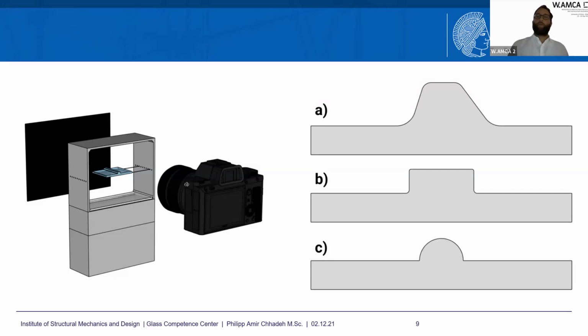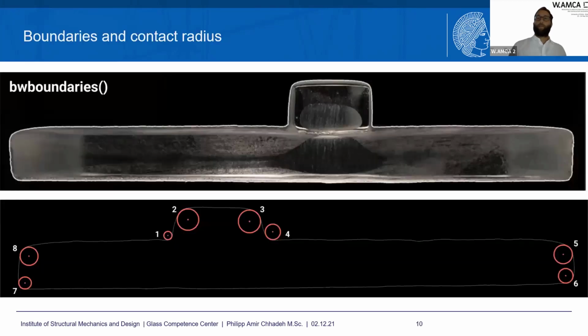We also use MATLAB or a W.AMCA algorithm to get the boundaries, and I hope you can see those red circles. So we can then say, okay, this is the contact angle between our fused glass and the glass plate, and then we can use simple equations to calculate our stresses after a shear test or bending test.